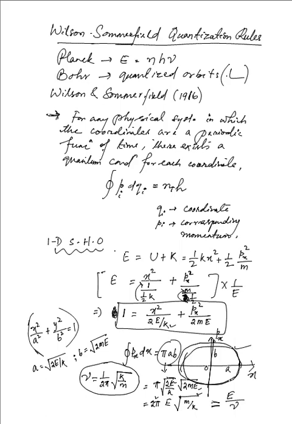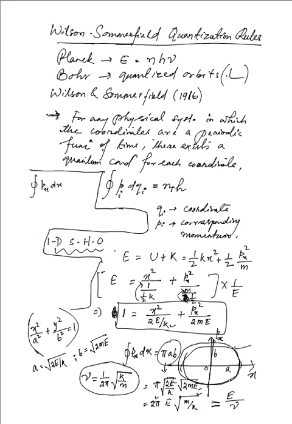Now with this value available to us, let me just write it over here for you before going over to the next page. We'll use this space. Now as per Wilson-Sommerfeld quantization rule, we had the integral of px dx over that closed interval to be equal to nh, where n is an integer.